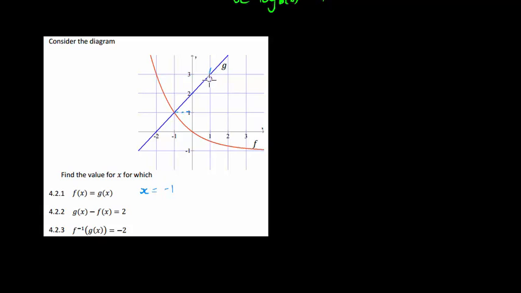So if you use 3, then you're using this distance between these two. Remember, if I subtract, I'm working out distance. So the distance has to be 2 between the y of g(x) and the y of f(x). That's true. How about 0 and -2?